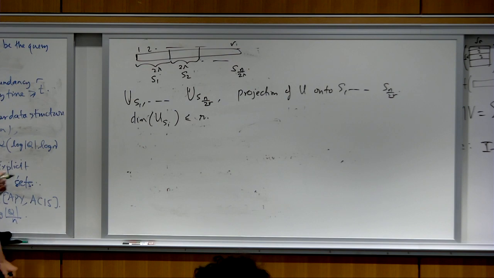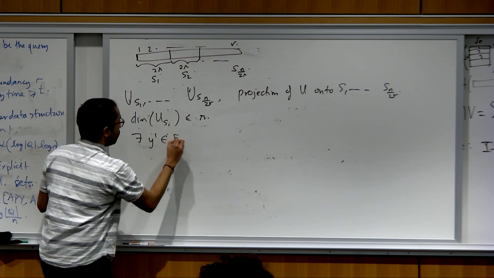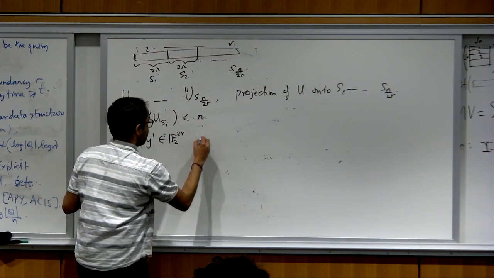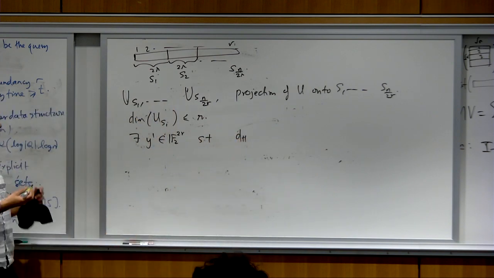So that means there exists a y prime in F2 to the 2r such that you pick the first 2r coordinates and patch it with zeros. I'm looking at it as a subspace in F2 to the 2r.